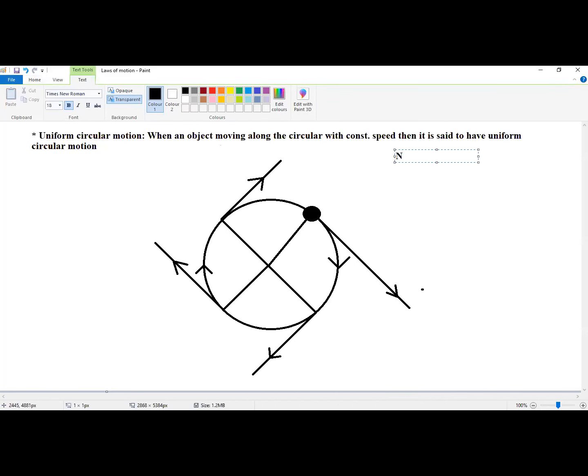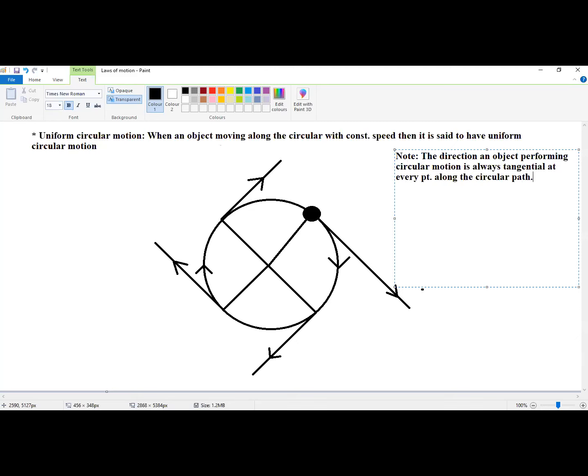Note that the direction of an object performing circular motion is always tangential at every point along the circular path.